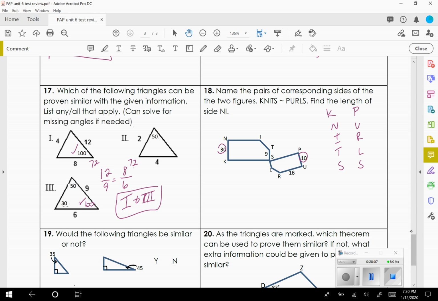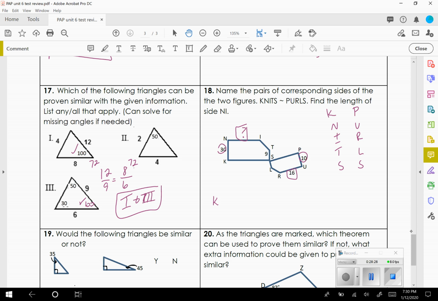TS matches with LS, but we don't have information there, so we don't really need that. We need to find NI, and that's going to match with UR, so I'm going to put a box. Now I've got enough, and this says name the pairs of corresponding sides.